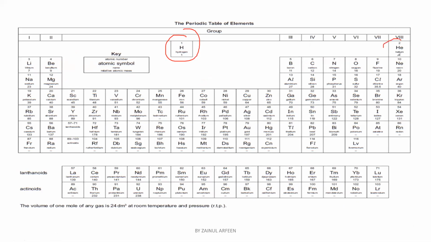Because it has a complete shell, that's why it is placed in group 8 instead of group 2. So these are the 2 exceptions, hydrogen and helium, that are not placed in a group according to the theory. Is this concept clear?